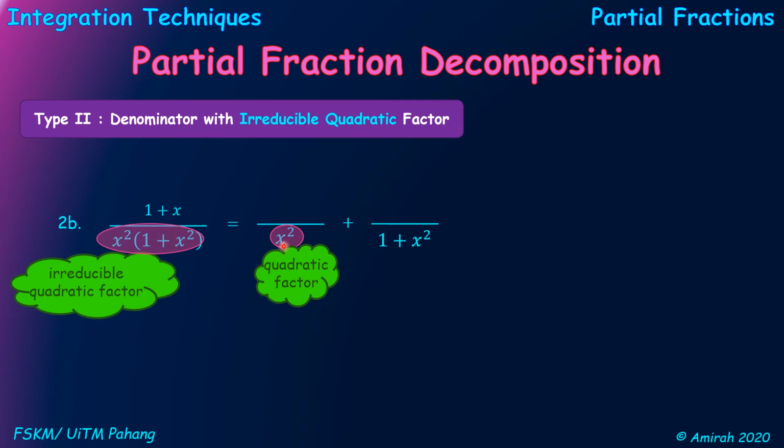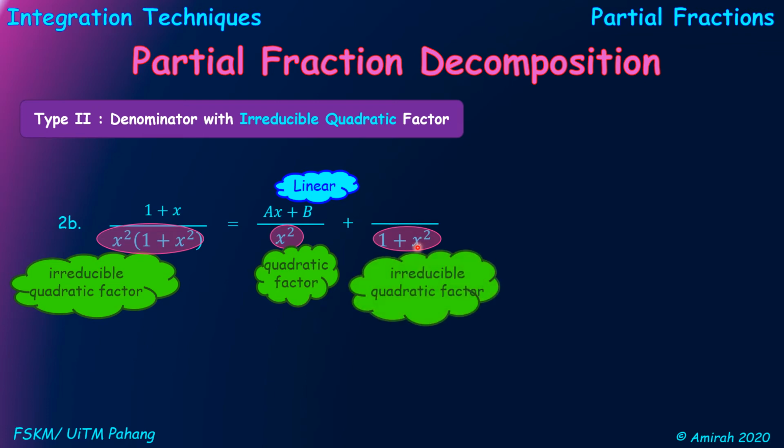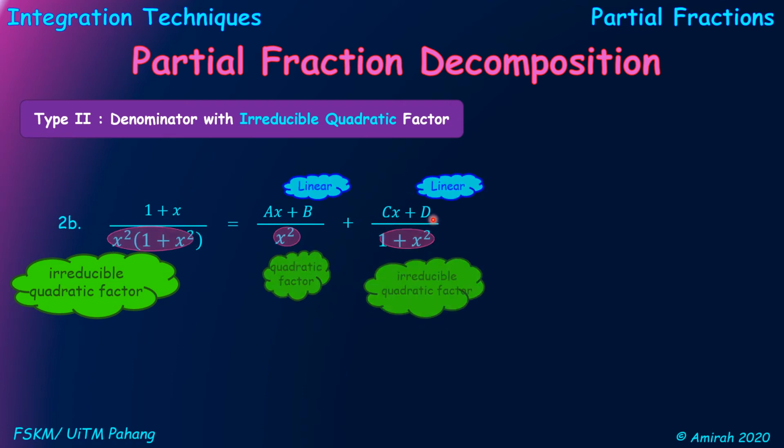This is also a repeated factor, but we will discuss that later. Now we consider x squared as a quadratic factor, so we can write the linear factor Ax plus B. And for the denominator 1 plus x squared, this is an irreducible quadratic factor, and we can write the linear factor Cx plus D.